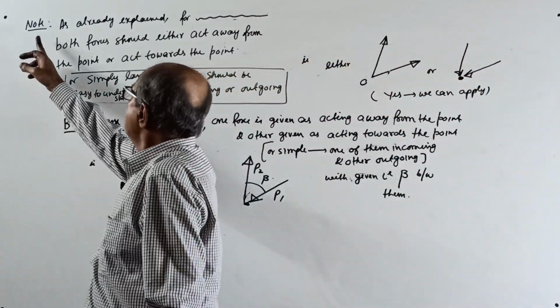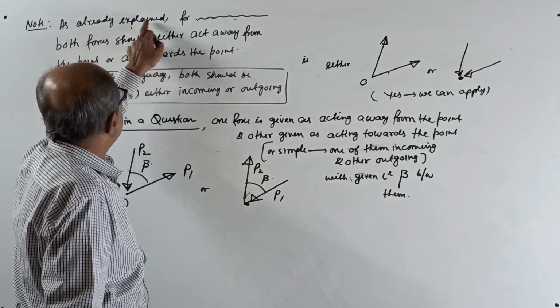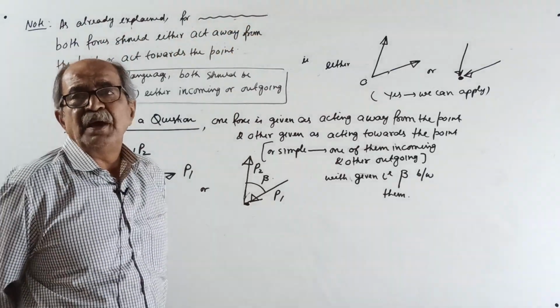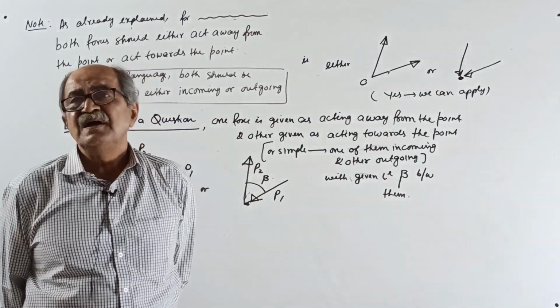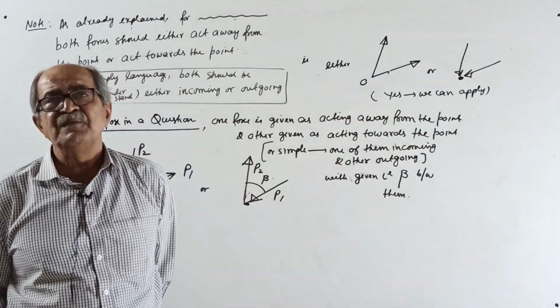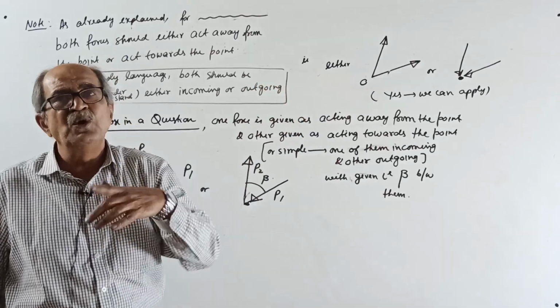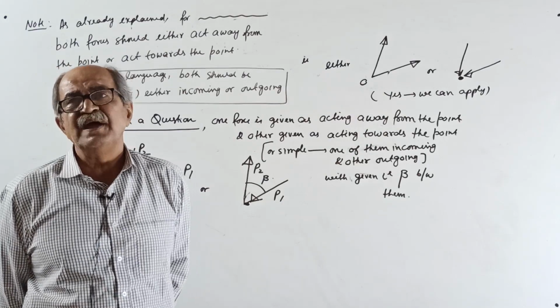See, just a note. As already explained, when you apply the law of parallelogram of forces and consider the expressions for resultant R and angle alpha 1, alpha 2, write them as per the given format. That's very important. I won't repeat the format again and again, R equal to square root, alpha equal to tan inverse.